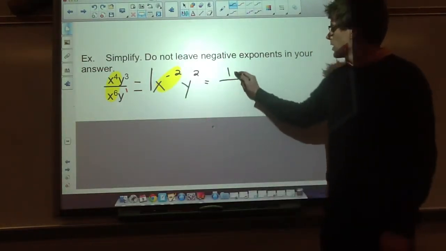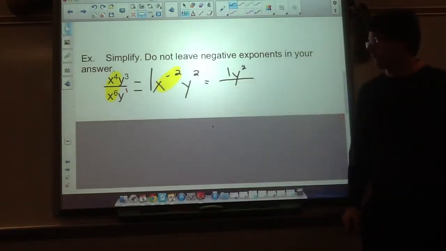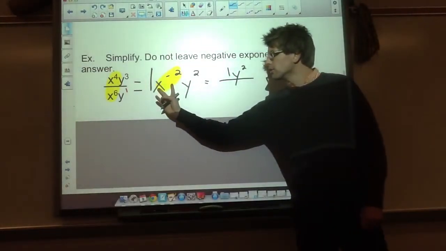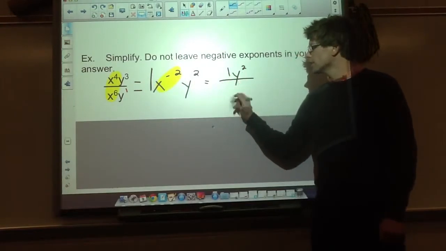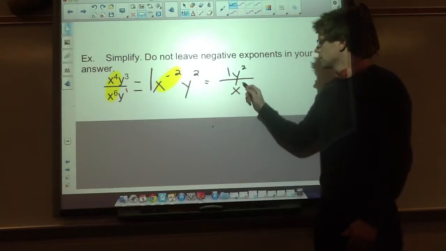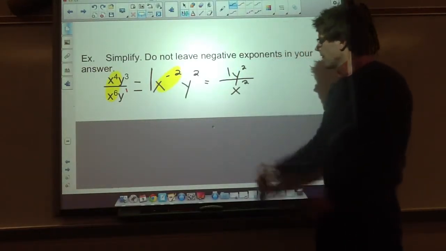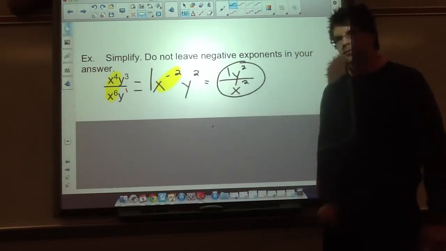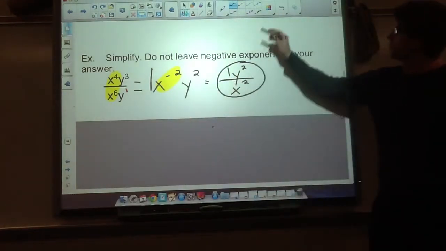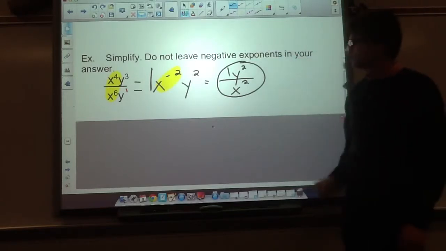It's also got the y squared that's going to remain on top to keep him company. But the x to the power of negative 2 is going to move across the line, and it will now be represented as x to the power of positive 2 down there. And that will be your final answer. You don't have to put the 1 there. You could write this answer without it.